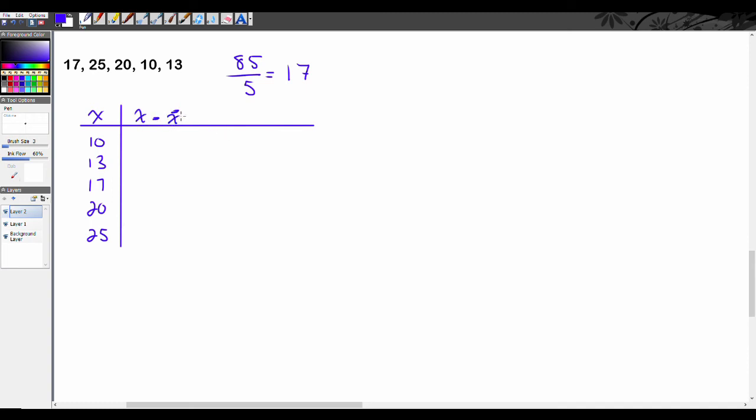So 10 minus 17 is negative 7. 13 minus 17 is negative 4. 17 minus 17 is 0. 20 minus 17 is 3. And 25 minus 17 is 8.